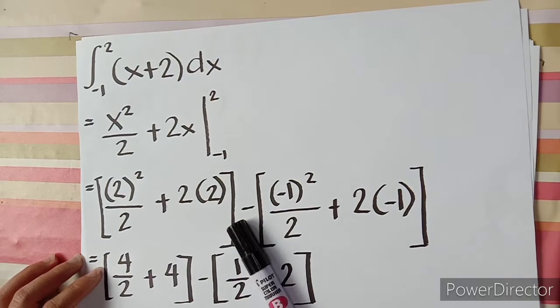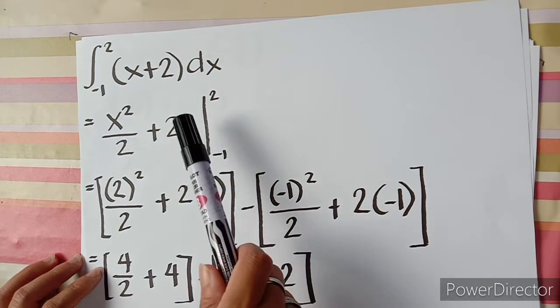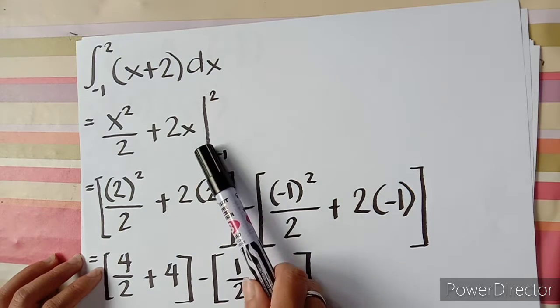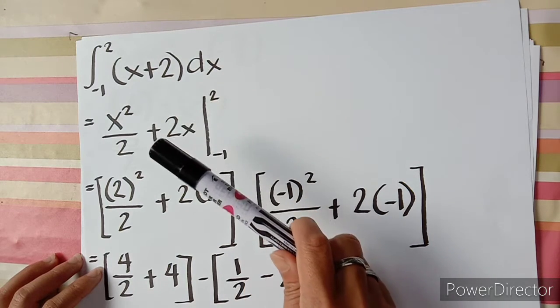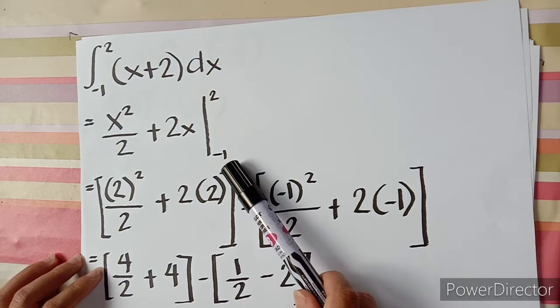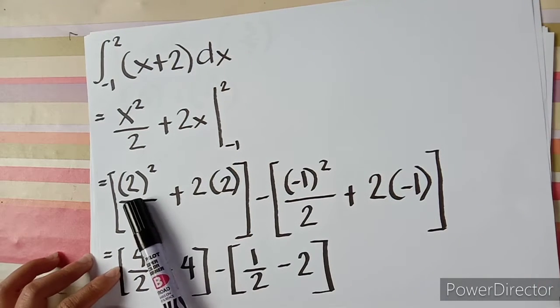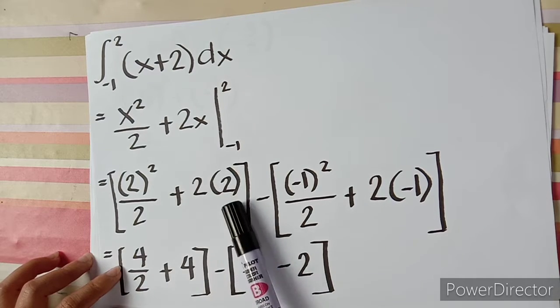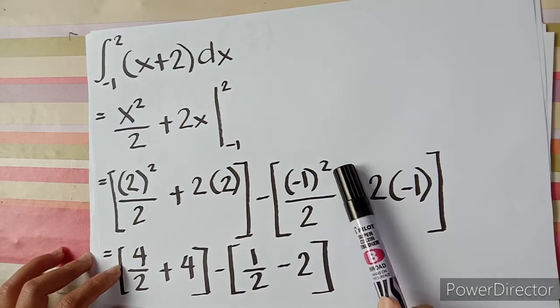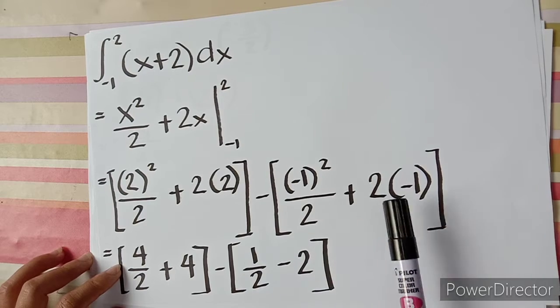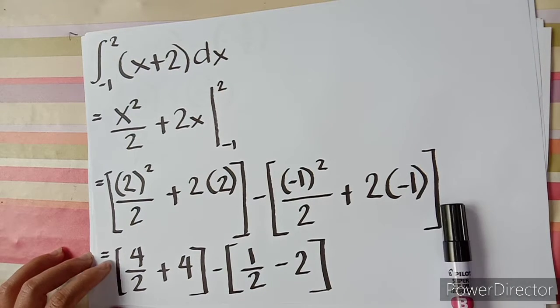First, let us substitute 2 minus the value at -1. So here, 2 squared over 2 plus 2 times 2, minus (-1 squared over 2 plus 2 times -1).